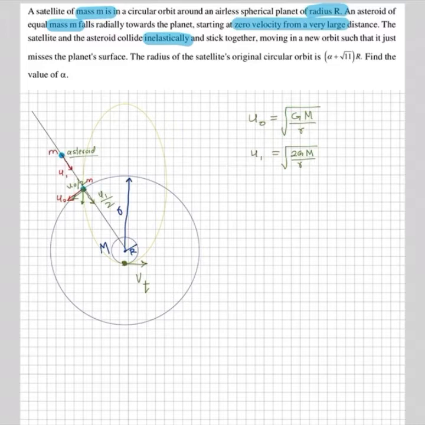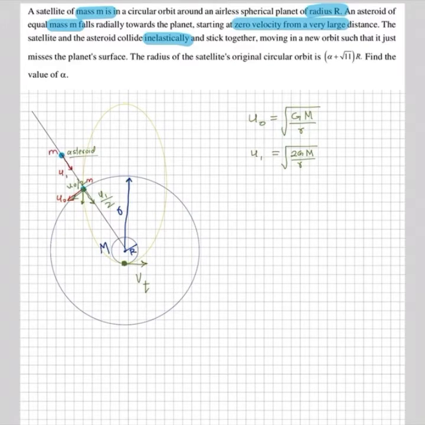Okay, so in this question, we can first of all observe that just after the collision, the orbit in which they will move will be elliptical, and that elliptical orbit will just graze the planet at this point, as shown in the diagram.